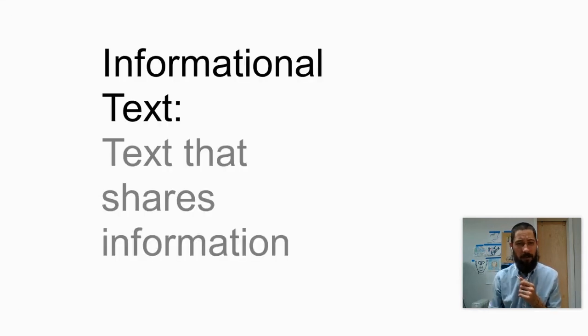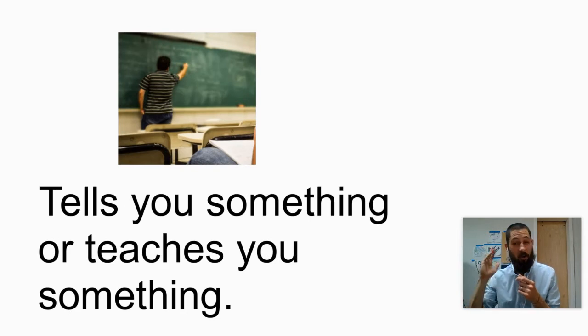Okay? So informational text is text that shares information. What's information? Anything at all. Anything you want to learn, anything you can see or hear about or see in the world. So it tells you something or teaches you something. Information is just something, okay? But the key word I think that's important is that it tells you something or teaches, right?